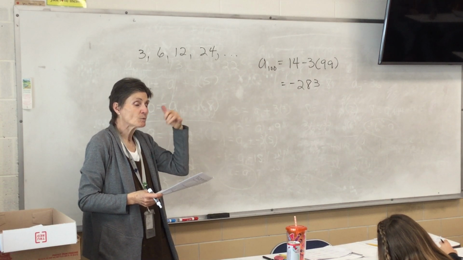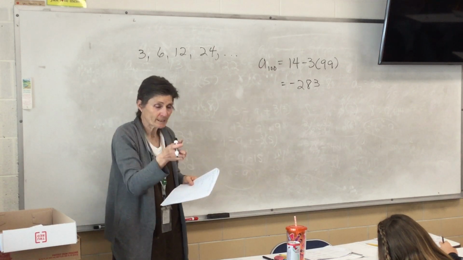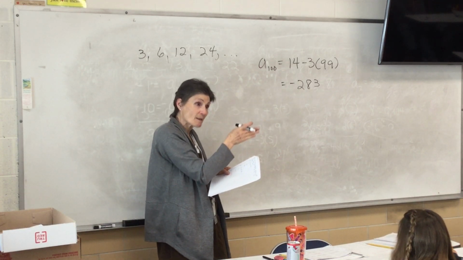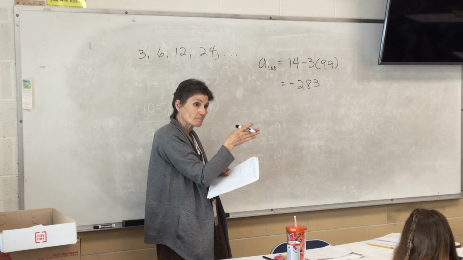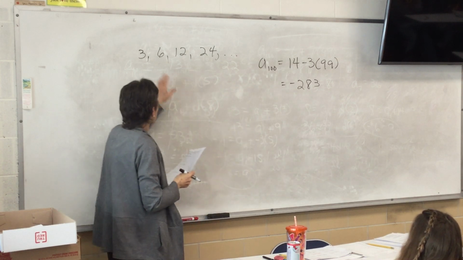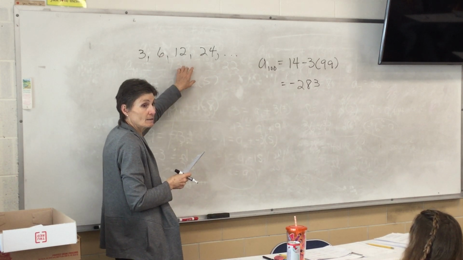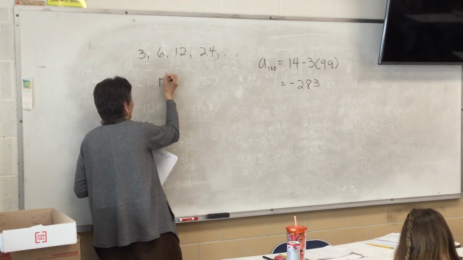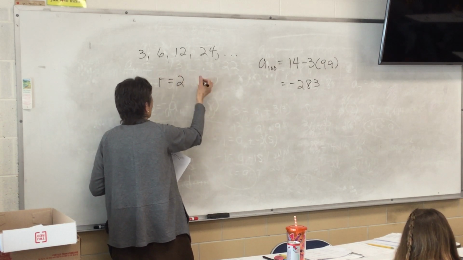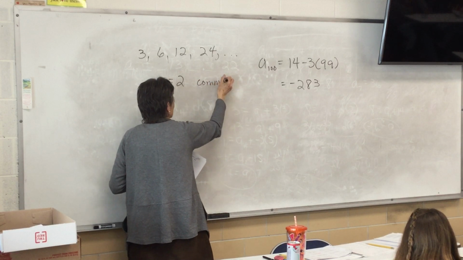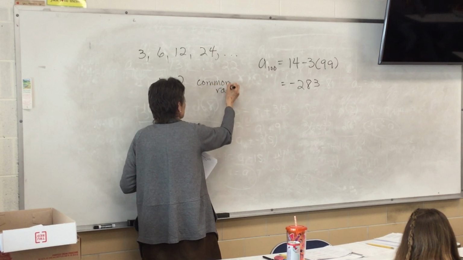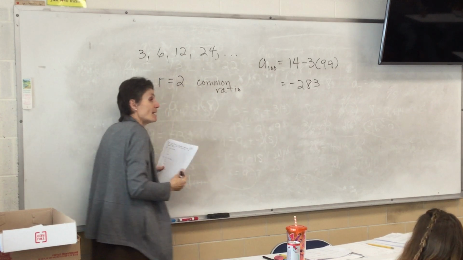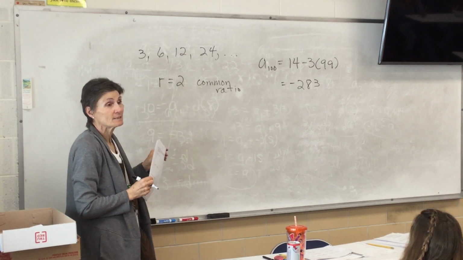Yeah, in the ones we just did, we were going down the line by adding something. Now we're going down the line by multiplying. And the number that we multiply by is called the common ratio. We used D for arithmetic because that's called the common difference.